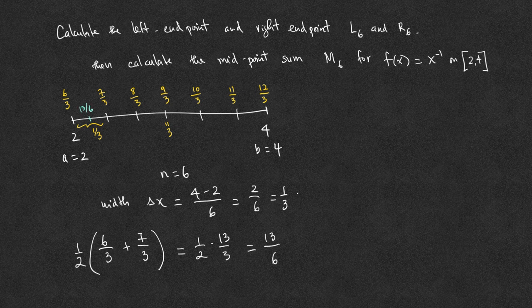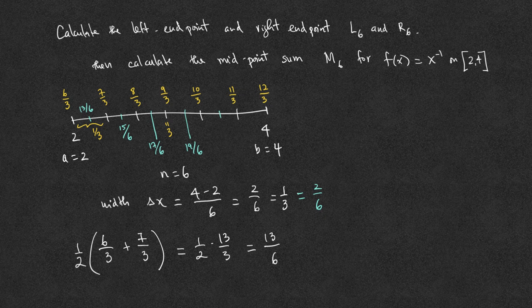We then take this 13 over 6 and add 1 over 3 each time. But 1 over 3 is 2 over 6. So the next midpoint is 13 over 6 plus 2 over 6, which is 15 over 6. The next midpoint is 17 over 6. The next midpoint is 19 over 6.